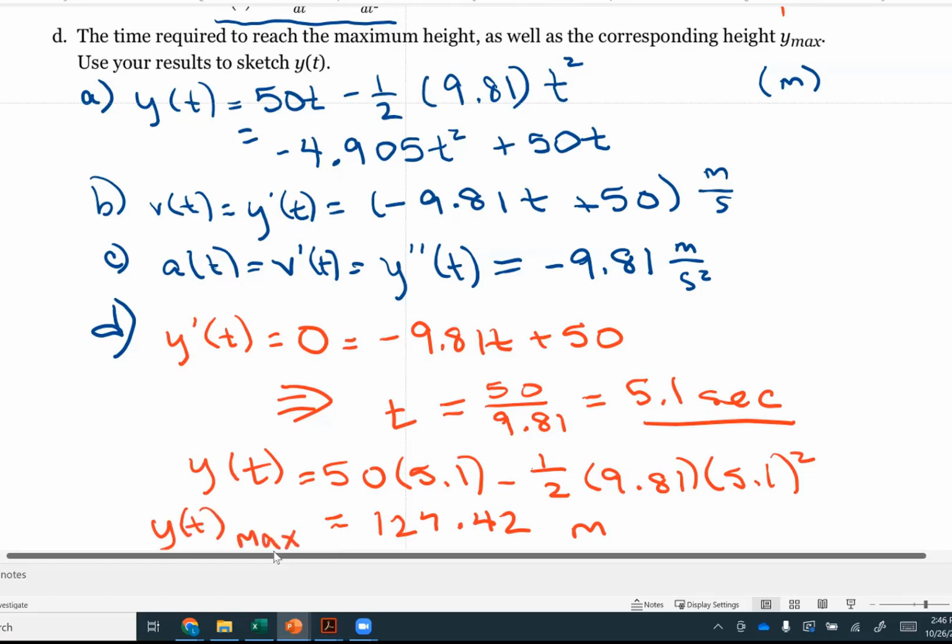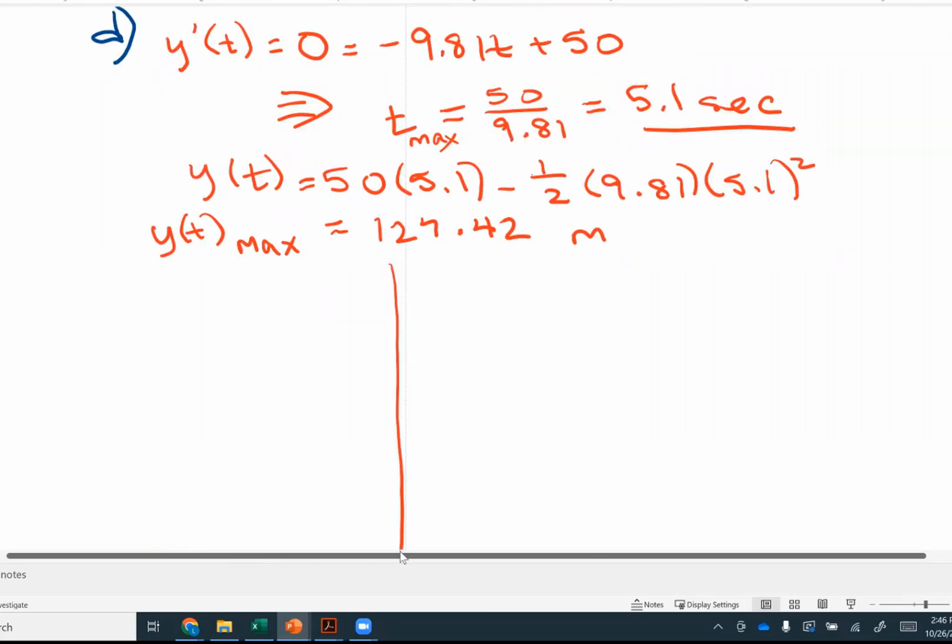That's the maximum height. And then I just want to sketch y of t. Let's see what I can do for a sketch. Seconds: 1, 2, 3, 4, 5. And I need y max is 127.